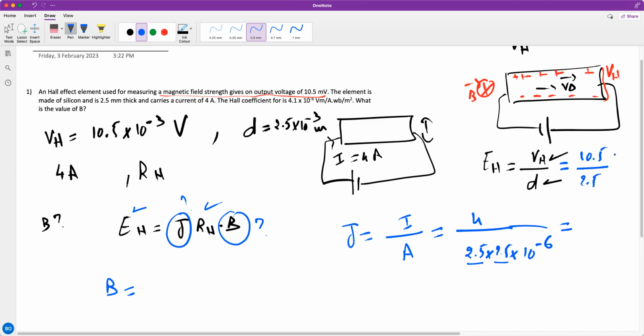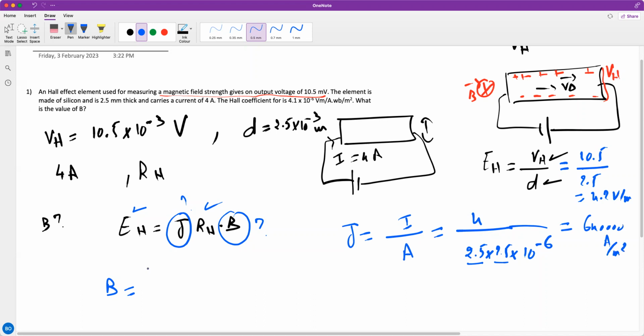It gives 4.2 volts per meter, and J is about 64.64 × 10^4 amperes per square meter.